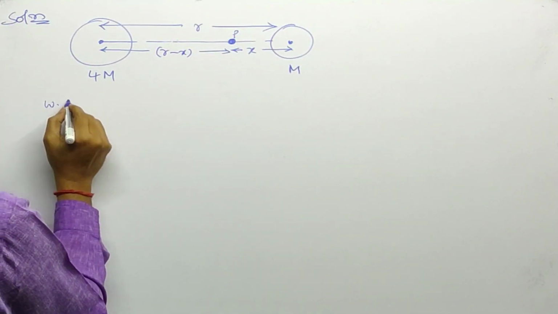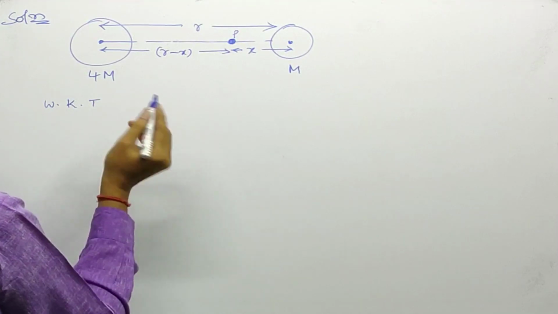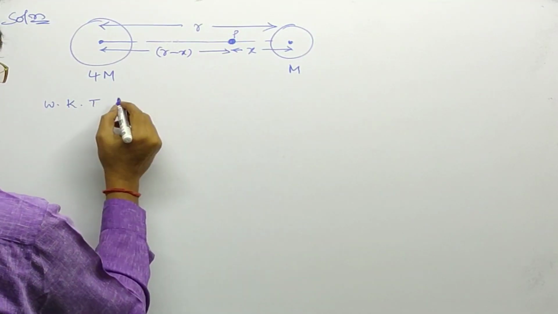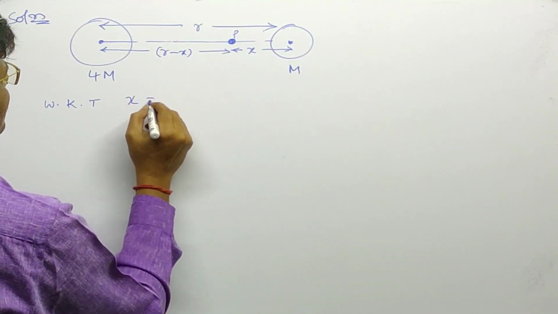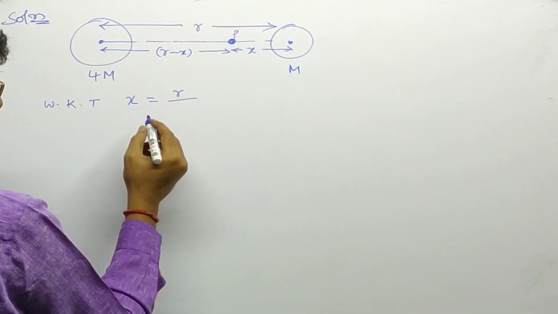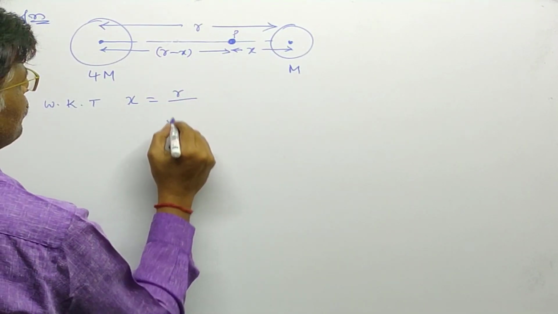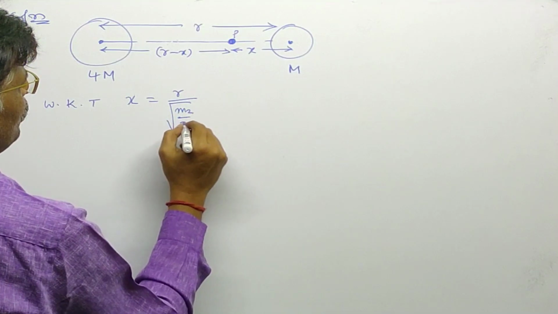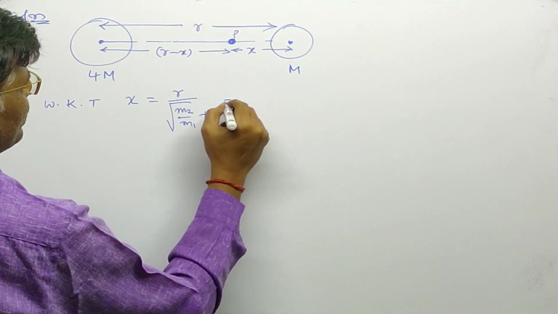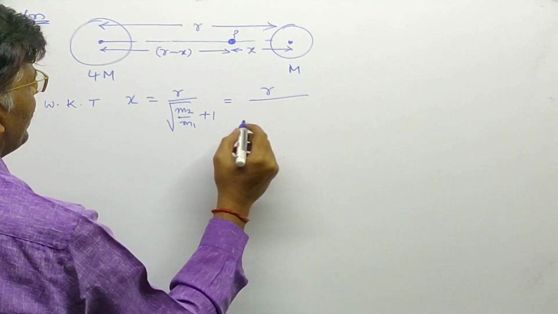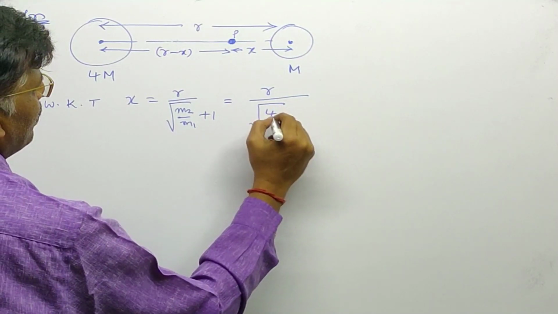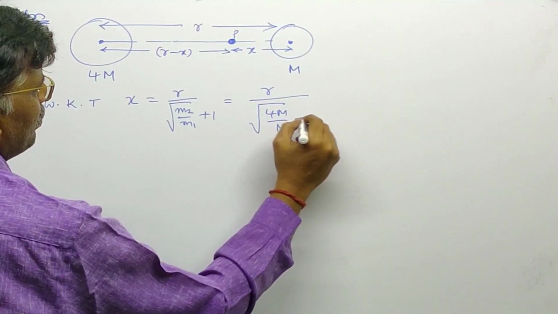As already discussed in the previous classes, x is the neutral point distance from the smaller mass. The general formula is x equals r divided by (square root of m2 by m1, plus 1), that is r divided by (square root of 4m by m, plus 1).